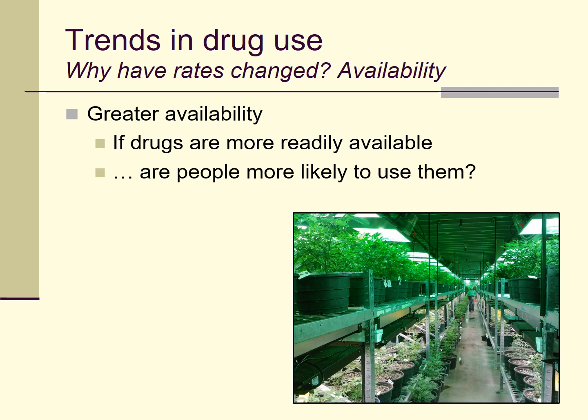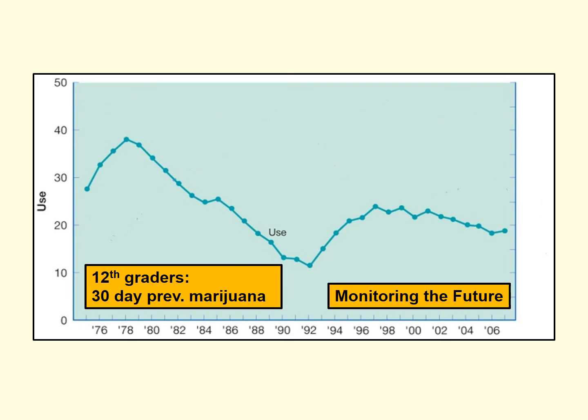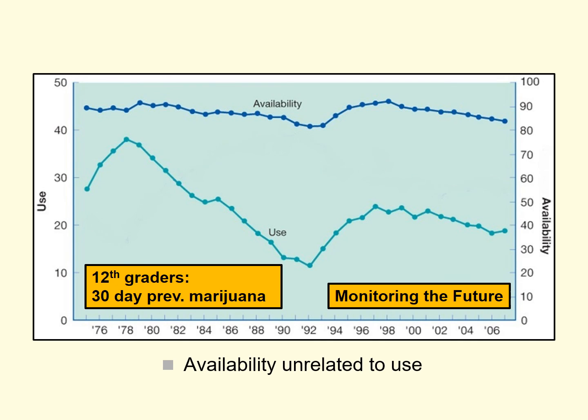Here again, though, if we look at the data we have, this is data from the Monitoring the Future study, and here we're looking at 12th graders, and we're looking at 30-day prevalence of marijuana use. We're looking at people who are relatively regular marijuana users, because they're saying they've used at least within the last 30 days. Here it seems like availability is fairly unrelated to use.